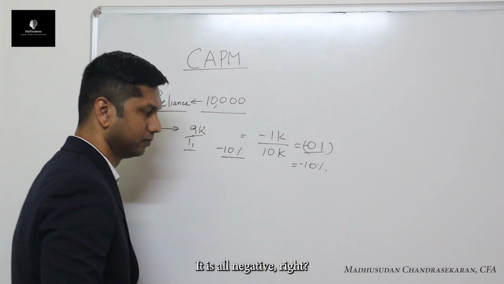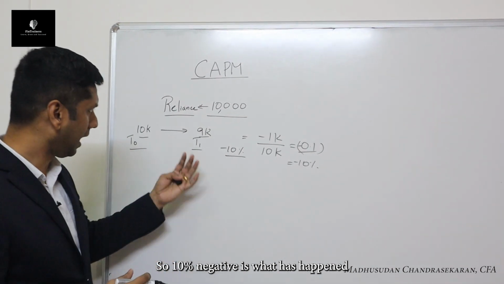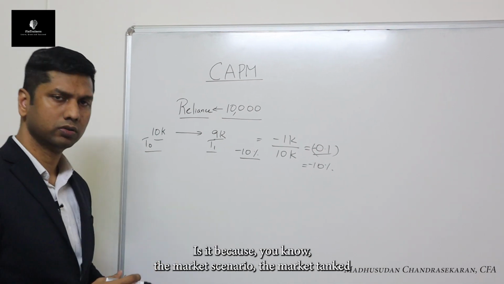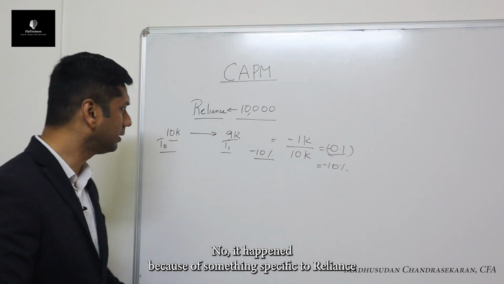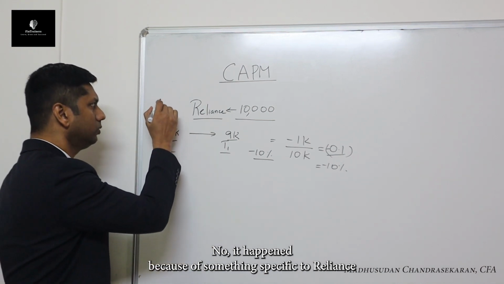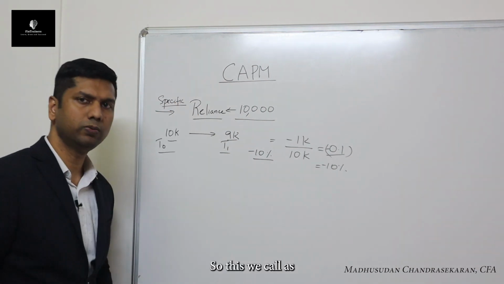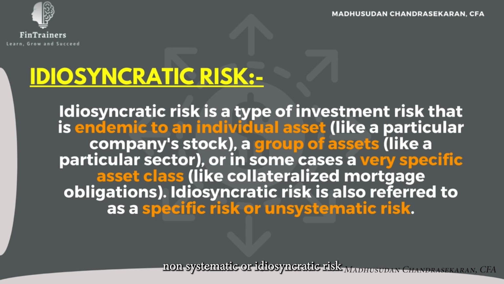Why did this happen? Is it because the market tanked? No, it happened because of something specific to Reliance. So this we call non-systematic or idiosyncratic risk. It is specific to Reliance. It is not related to the market.